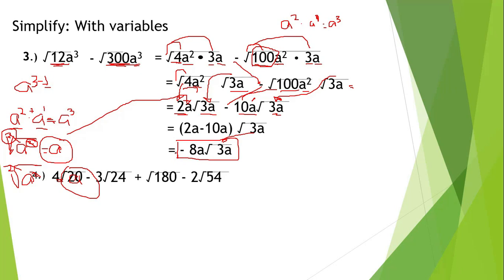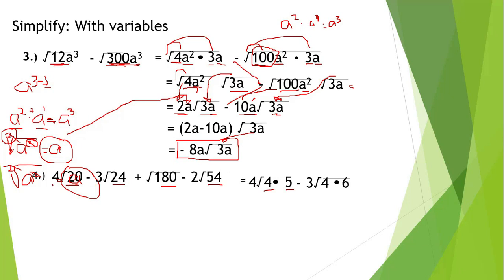Another example. This one is one of the examples of unlike radicals. To answer this one, you need to find the factors of 20, 24, 80, and 54, and make sure that one of their factors is a perfect square. Okay, so the factor of 20 is 4 times 5.